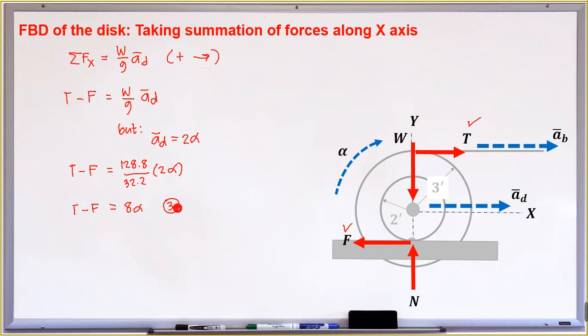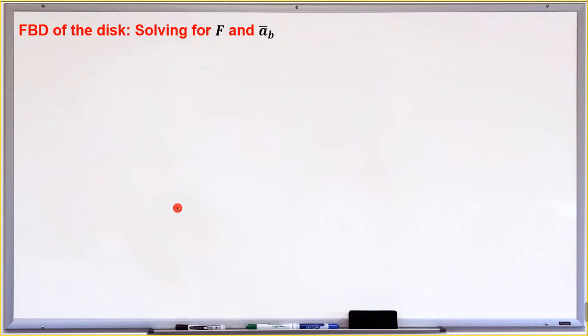Okay, so let's proceed. We're going to solve for F and a bar B. So combine equations 1, 2, and 3. For the first equation, that is 64.4 minus T minus 10 alpha equals 0.